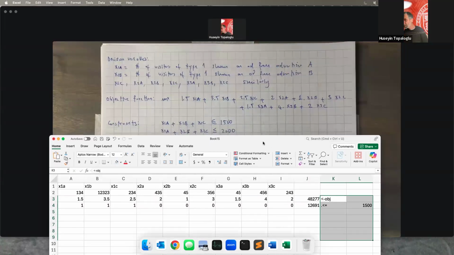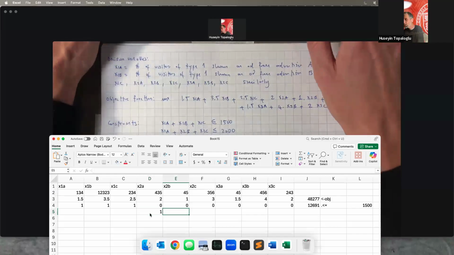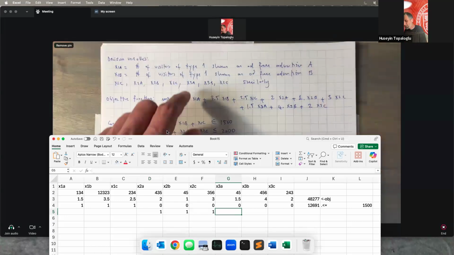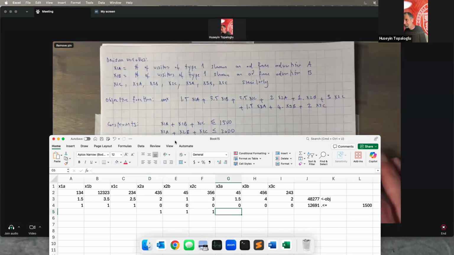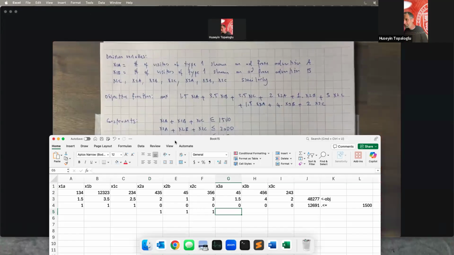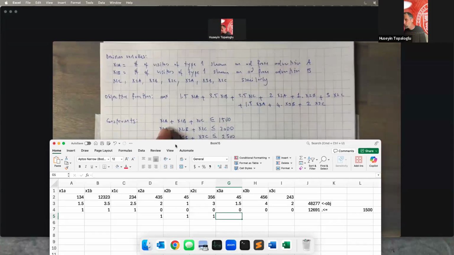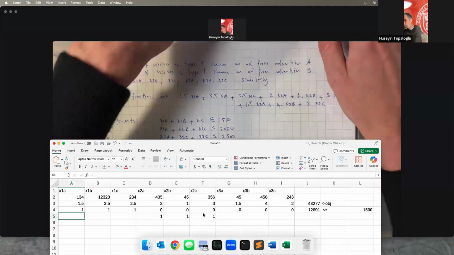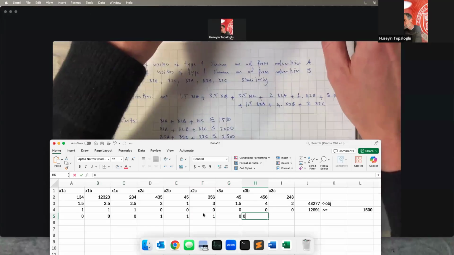Okay. Let's write the second constraint. In the second constraint, x2a appears with a coefficient of 1, x2b appears with a coefficient of 1, x2c appears with a coefficient of 1, and all the other decision variables have coefficients of 0.